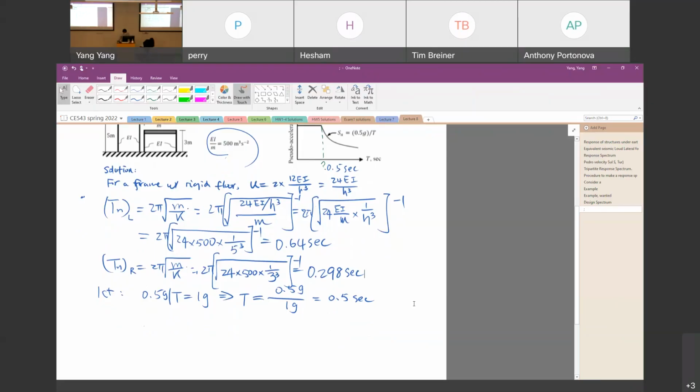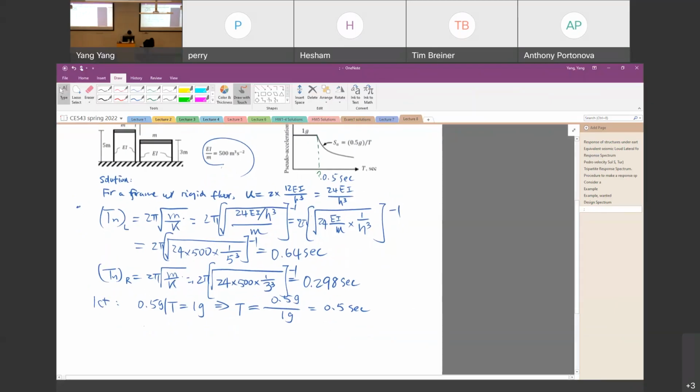Now we should be able to tell the zero period acceleration for the net building here.